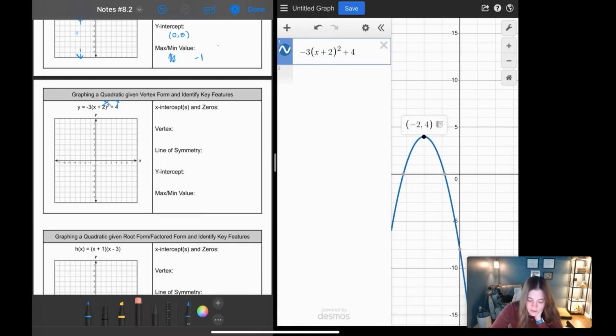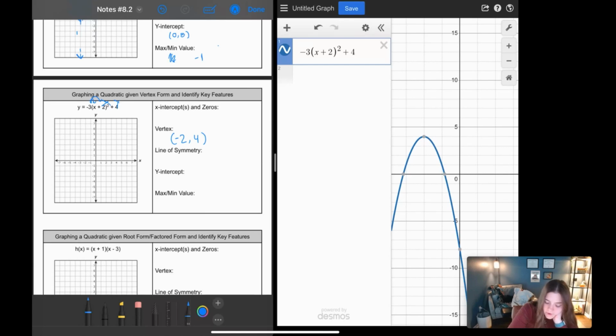So let's see where it put our vertex. It says -2, but right here I have a +2, so why would my vertex be at -2, 4? Does anybody know why that might be? Because you have to distribute. And if I were to distribute in that negative, right, it would be negative.